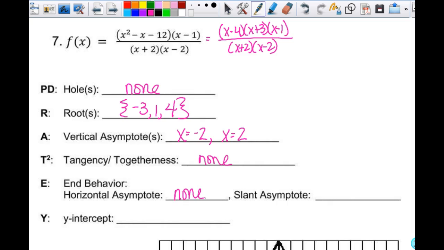The fact that it wasn't factored all the way was actually kind of nice because I have to multiply together. So I'm going to need to multiply these two together. The denominator will be x squared minus 4, and then get the numerator.